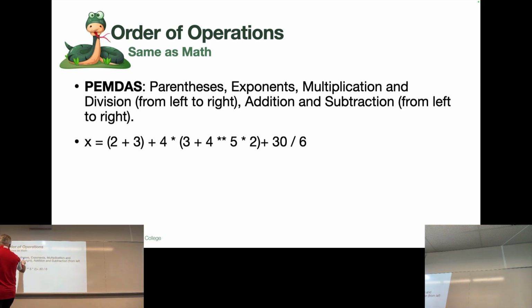So parentheses first. So I've got 2 sets of parentheses here. I can do them first, right? We've got 5, and then we'll just take this 4 down, and then we're going to multiply times. Here's the other parentheses. I'm going to solve that next. Inside the parentheses, there's no more parentheses, so I go to exponents. 4 to the power of 5. 4 times 4 times 4 times 4 times 4, whatever.